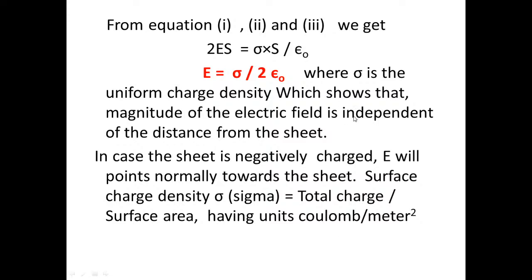For positive charge it was away from the positive sheet; here it is normally towards the sheet, and surface charge density sigma is equal to total charge upon surface area, having units coulomb per meter square. So this is the formula for the electric field intensity due to an infinite thin sheet of positive charge.